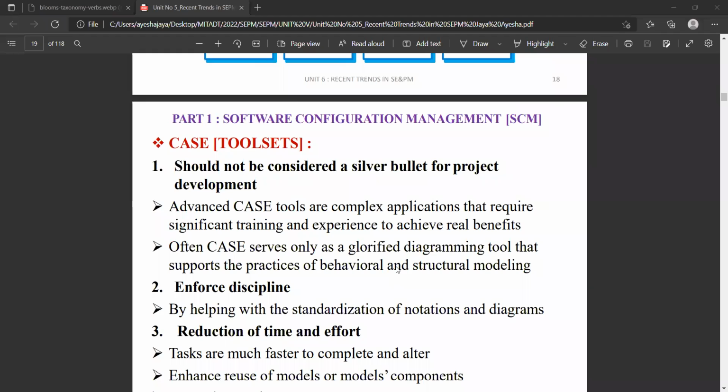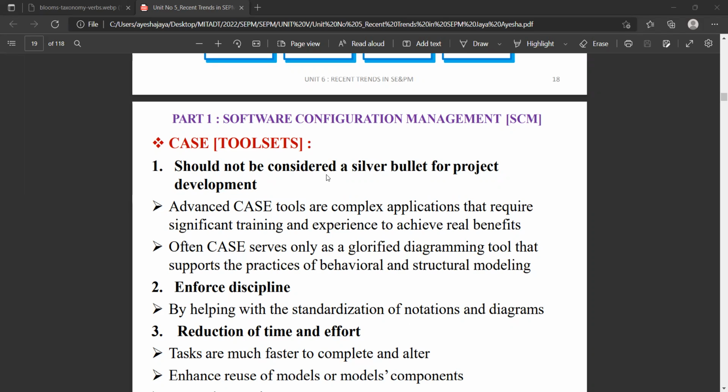What are the tool sets? They should not be considered a silver bullet for project development. Advanced CASE tools are complex applications that require significant training and experience to achieve real benefits. So they are nothing but complex applications. What are the requirements of CASE technology?